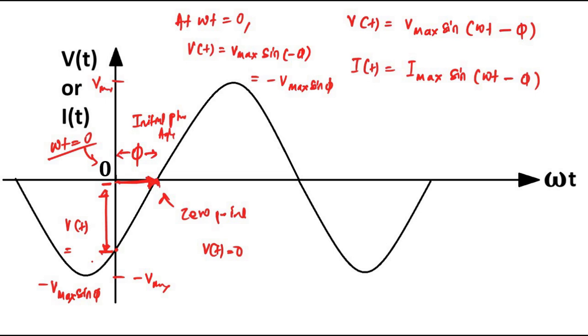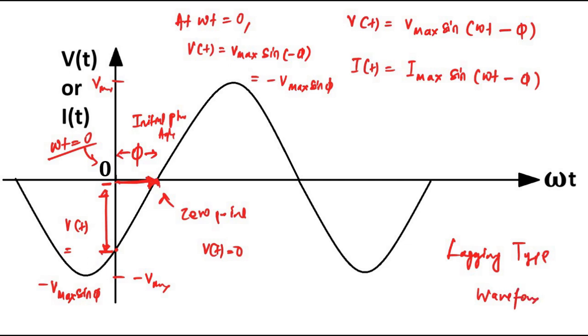So the 0 point of the signal occurs after phi degree or radian to the right of the origin on the omega t axis. This kind of waveform, where the first 0 point occurs to the right side of the origin, is called a lagging signal waveform.